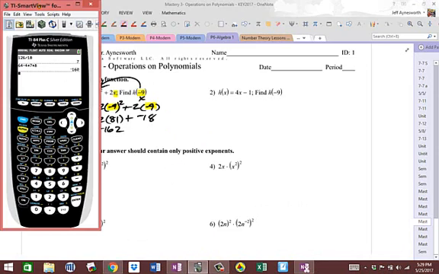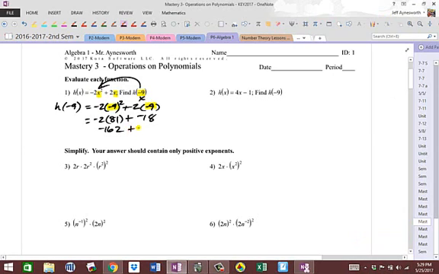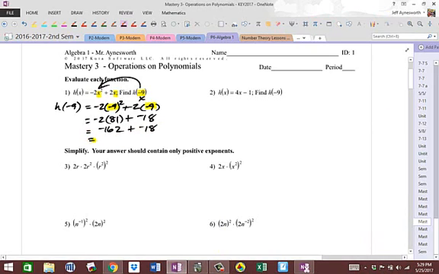Take it out, use it, and you can verify everything I say. Negative 162 plus negative 18 is negative 180. So h of negative 9 is equal to negative 180.